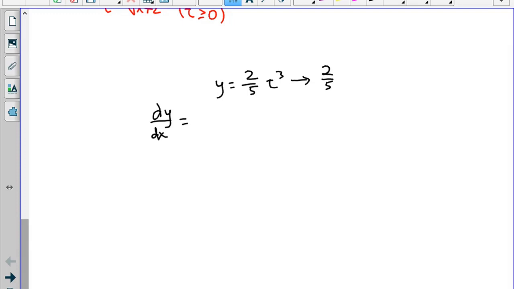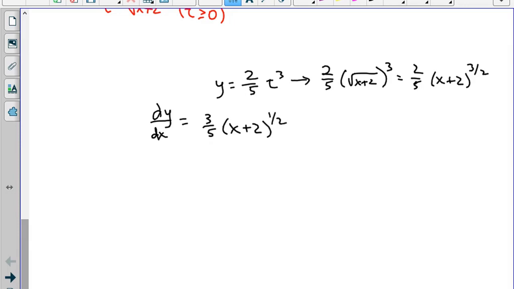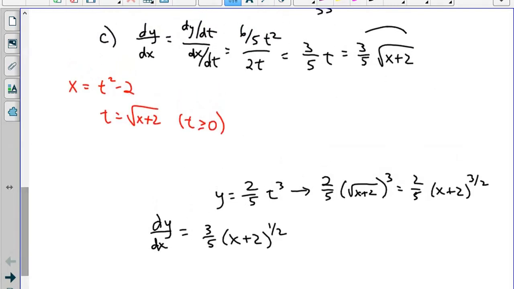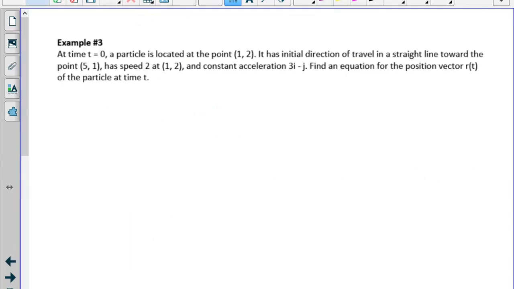So that's 2/5 times root x plus 2 cubed, which is 2/5 times (x plus 2) to the 3/2. And if I just take dy/dx of this, I get 2/5 times 3/2, which is 3/5, and then (x plus 2) to the 1/2, and that gives me the exact same answer as I had right here. So I could have done it using previous methods if I made a substitution early in the problem.